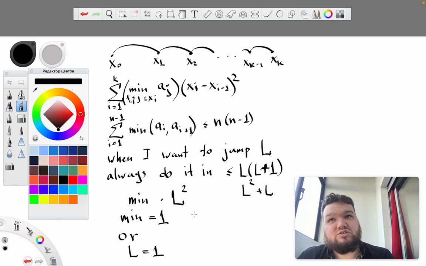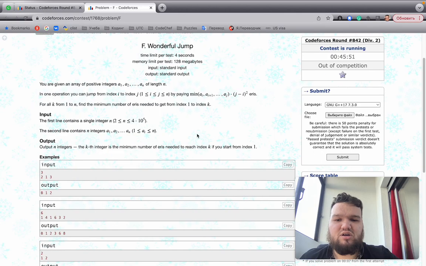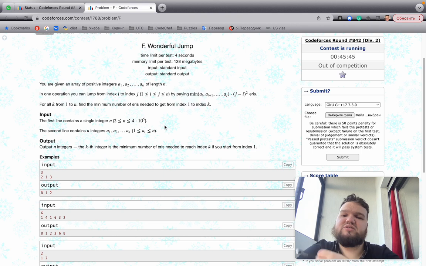Okay, cool. So if we are doing DP, obviously we can solve it in some polynomial with DP: what is the minimum cost to get here, and just try all the jumps.